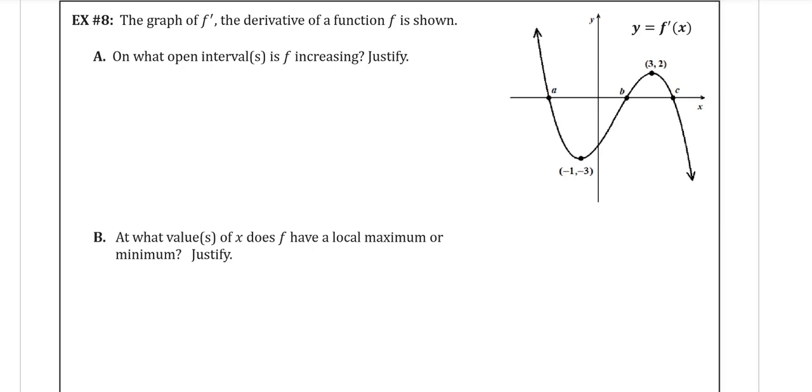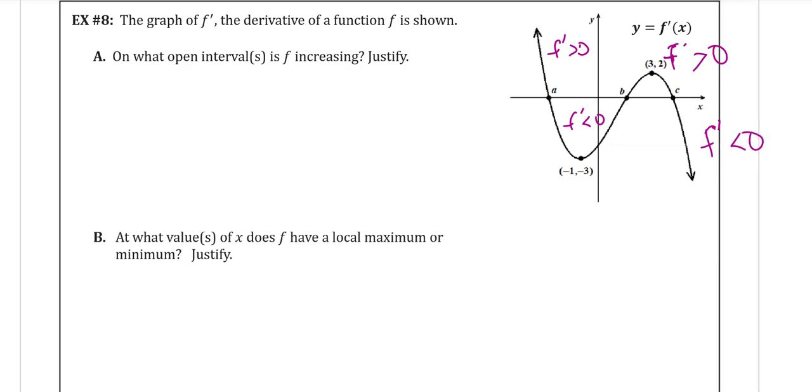Okay, so just to mark this up a little bit here, what we know is that before a, f prime is greater than 0, and between a and b, f prime is less than 0, and between b and c, f prime is greater than 0, and after c, f prime is less than 0.